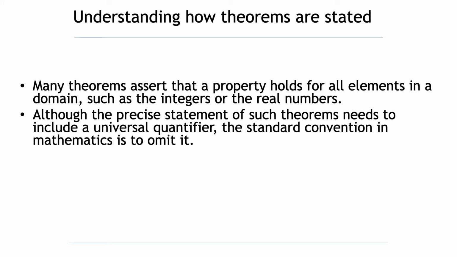Before we introduce methods for proving theorems, we need to understand how mathematical theorems are stated. Many theorems assert that a property holds for all elements in a domain, such as the integers or the real numbers. Although the precise statement of such theorems needs to include a universal quantifier, the standard convention in mathematics is to omit it.